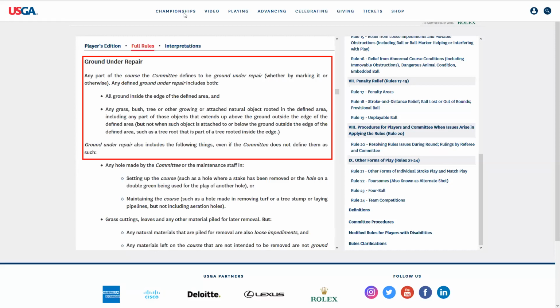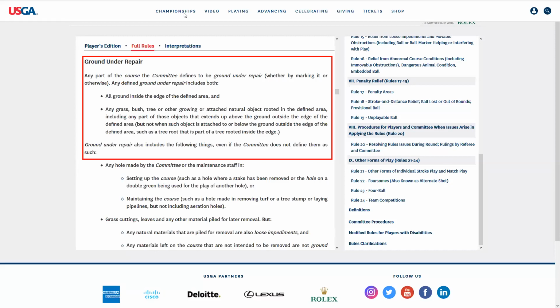If you have a tree that is in ground under repair, and you have a tree root that is on the ground outside, and your ball is right next to it, that's not ground under repair. But if the tree branch interferes with your swing, that will be ground under repair. All right. So that's the first part, anything defined by the committee.